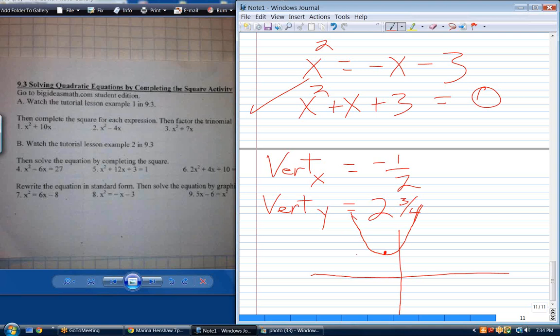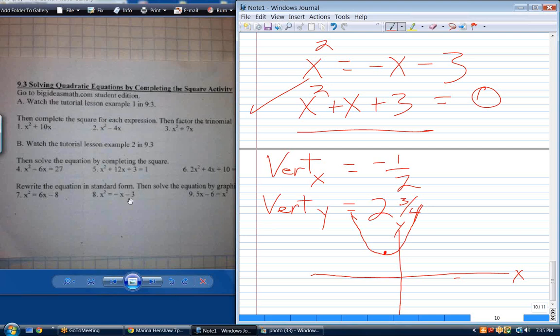Now, based on that graph, I can see that that parabola does not cross the x-axis. And because it does not cross the x-axis, there's no solution for this equation. In other words, there is no value of x that will make this equation equal 0. Because if there was, it would have to have some x-intercepts.